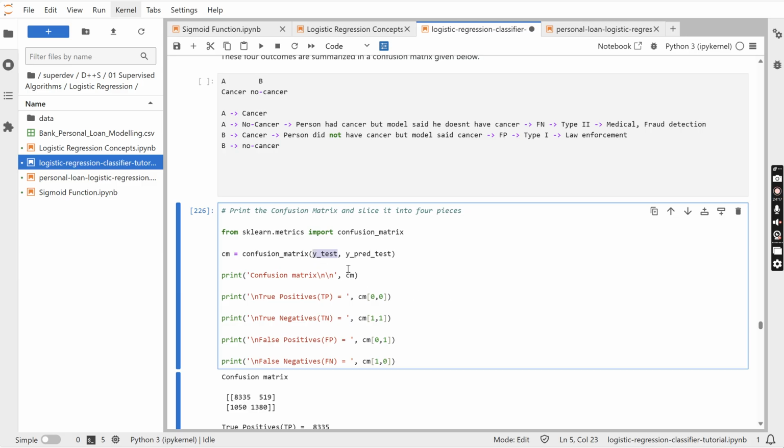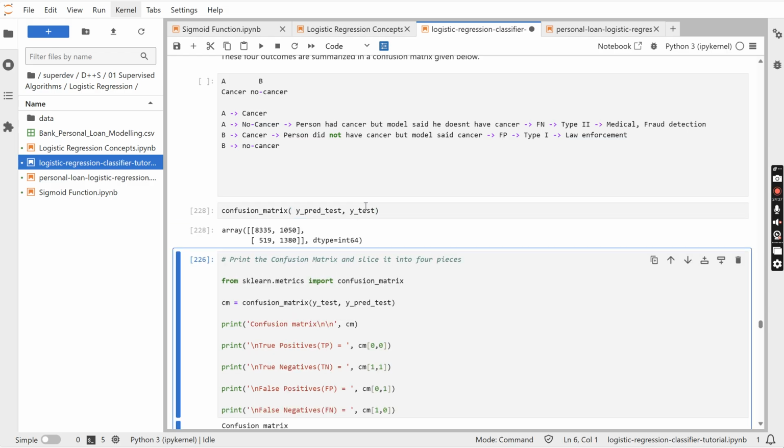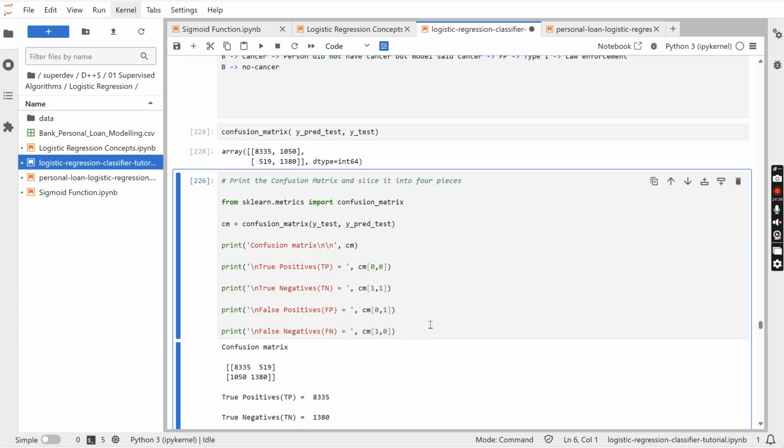You have taken actuals first, y test you have calculated first. Let me calculate the same thing above, but by interchanging these. This is very important, otherwise you will never be able to explain these results to anybody.